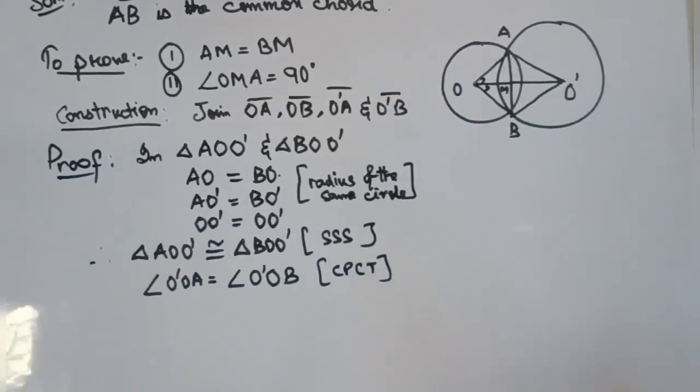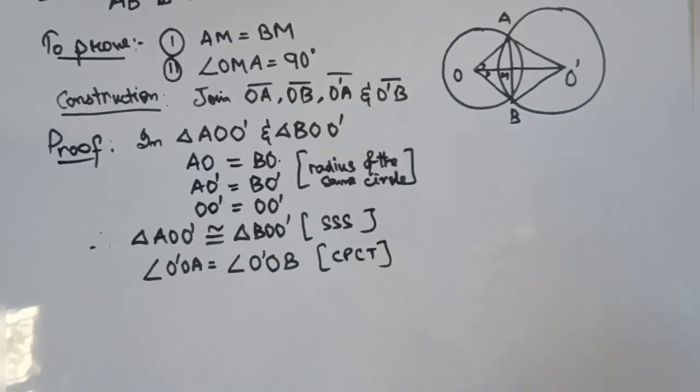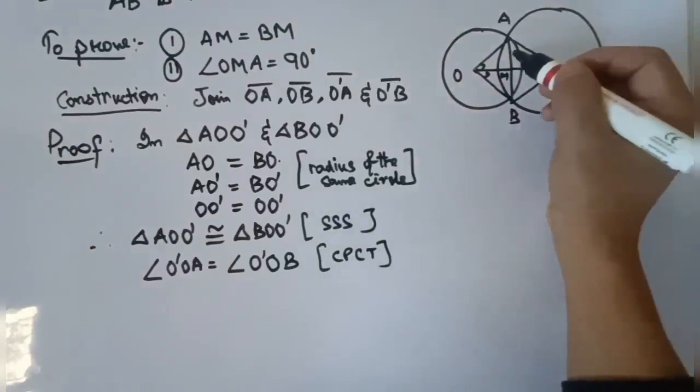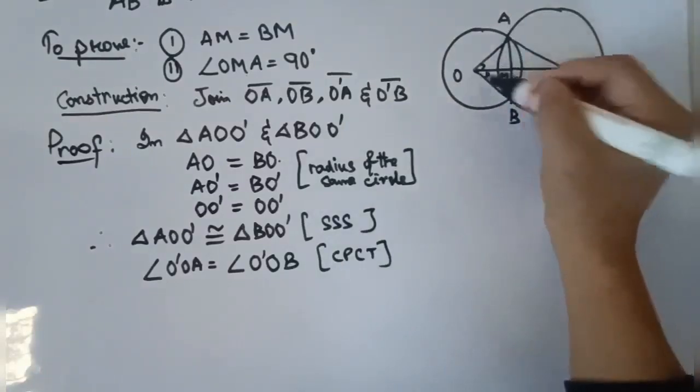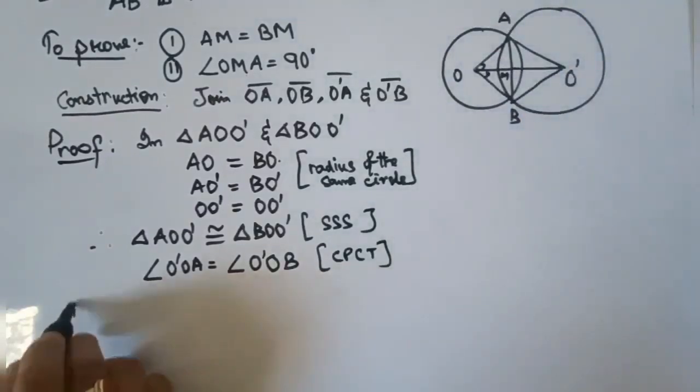Next, again we will consider two triangles, that is triangle OAM and triangle OBM.